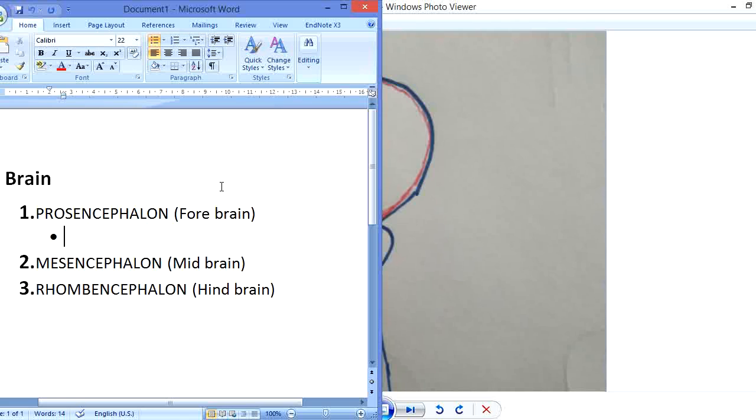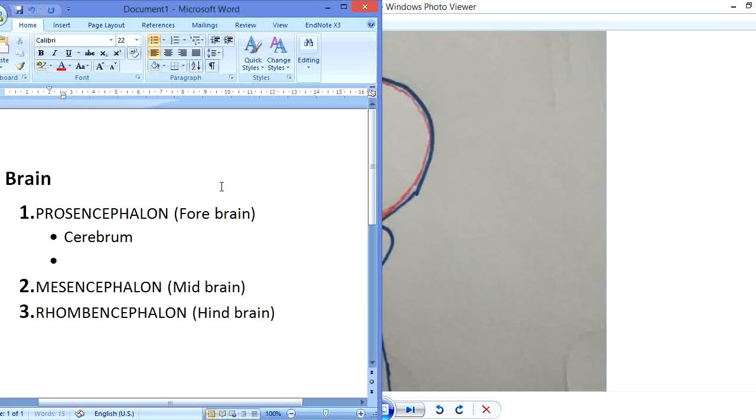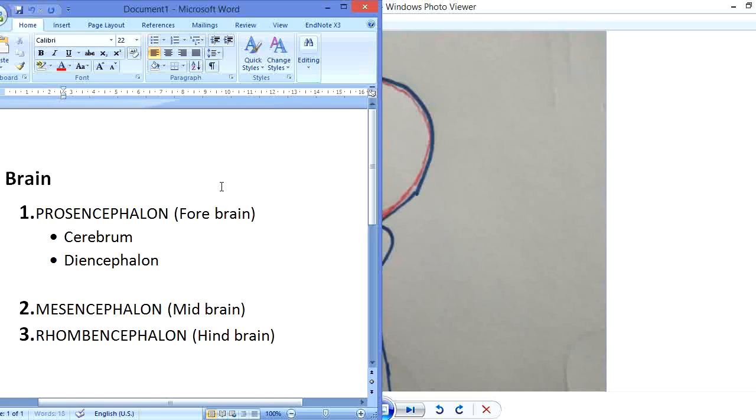Number one, cerebrum, and number two, diencephalon.